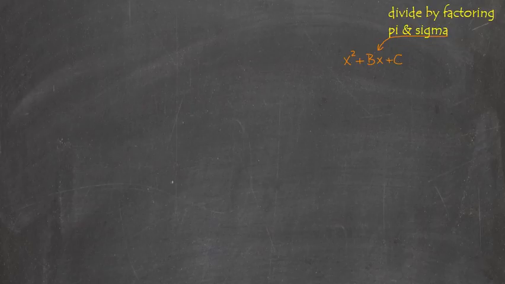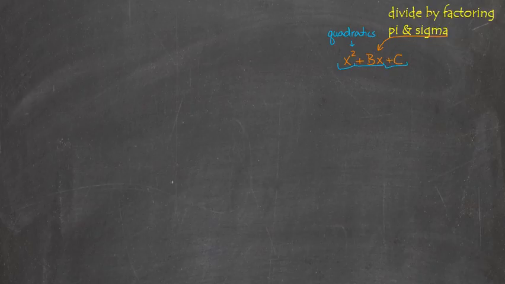Quadratic just stands for a second degree polynomial. We call those quadratics. And a trinomial, obviously, because you have 1, 2, 3 terms.